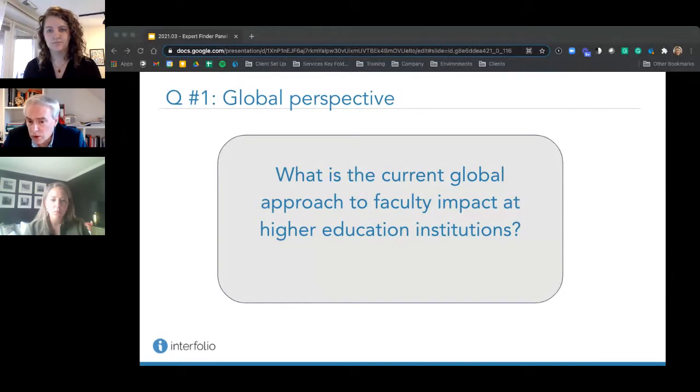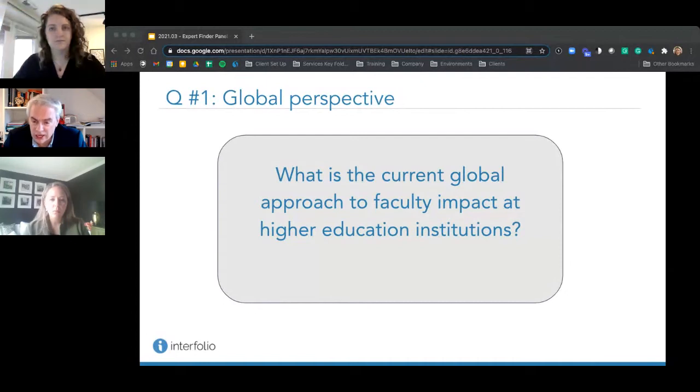If we look around the world and take a sort of global view of that issue, I think the first point to make is that both countries and institutions within countries take very varied approaches. There is no standard model at this time. In countries such as Australia and indeed in the UK, where I'm located, there are government-led levers around research funding that have shifted the focus onto that societal impact, the impact that faculty have on broader communities.